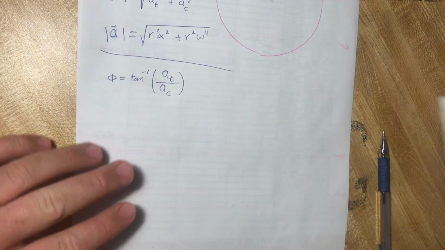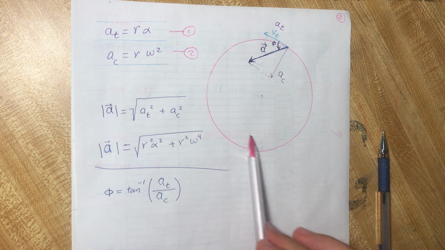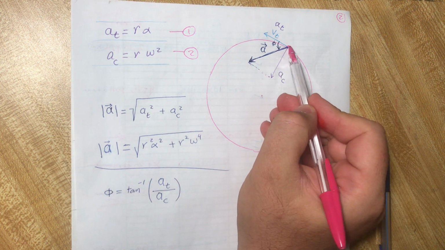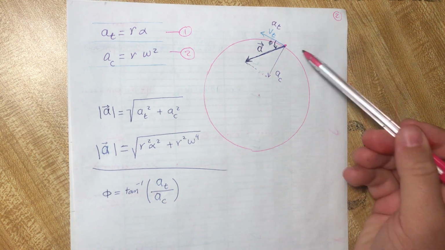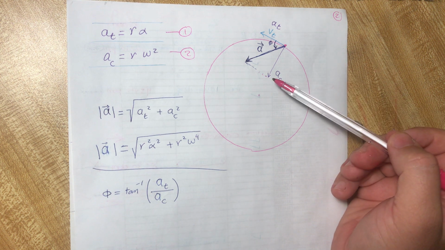Okay? Look now at this circle. If we have a body moving on its edge in this way, this is v tangential, and this body also has tangential acceleration.